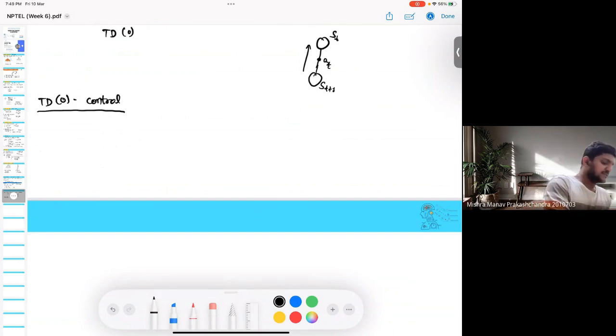So similar update, all I'm doing is replacing V by Q. So this is Q old (S_t, A_t) plus alpha times R_(t+1) plus gamma.